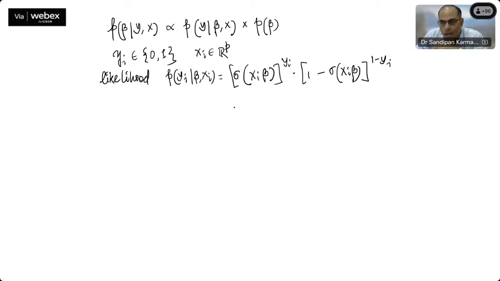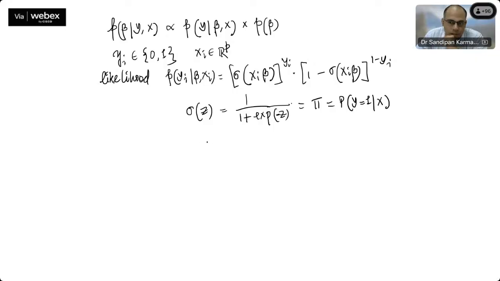And sigmoid of z is 1 by 1 plus exponential of minus z. So it is almost the same. This is nothing but the pi from the last slide, that is p of y equals 1 given x. It is always like this.